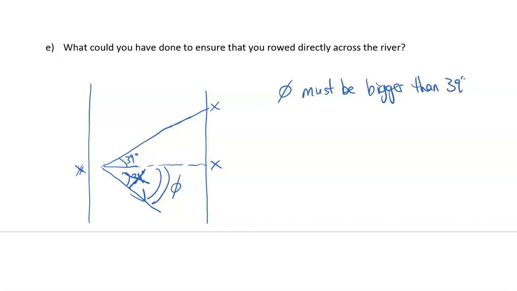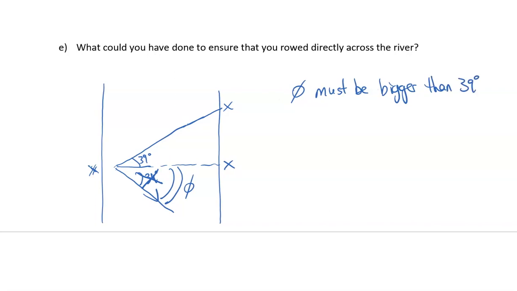It's because of the component that's in the x direction. If you think about it, if you're rowing at 10 kilometers an hour in this direction, the part of it that's in the x direction, is it 10 kilometers per hour? No. It's less than 10 kilometers per hour.